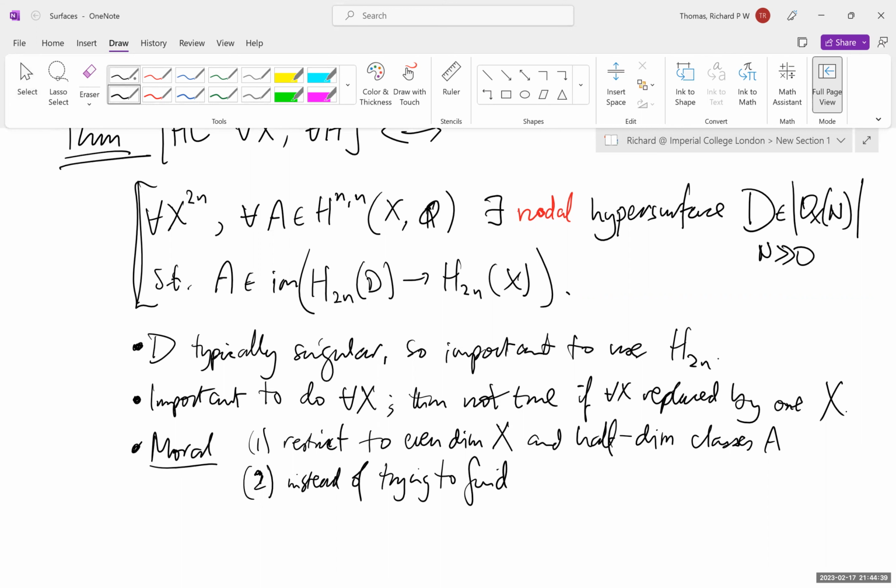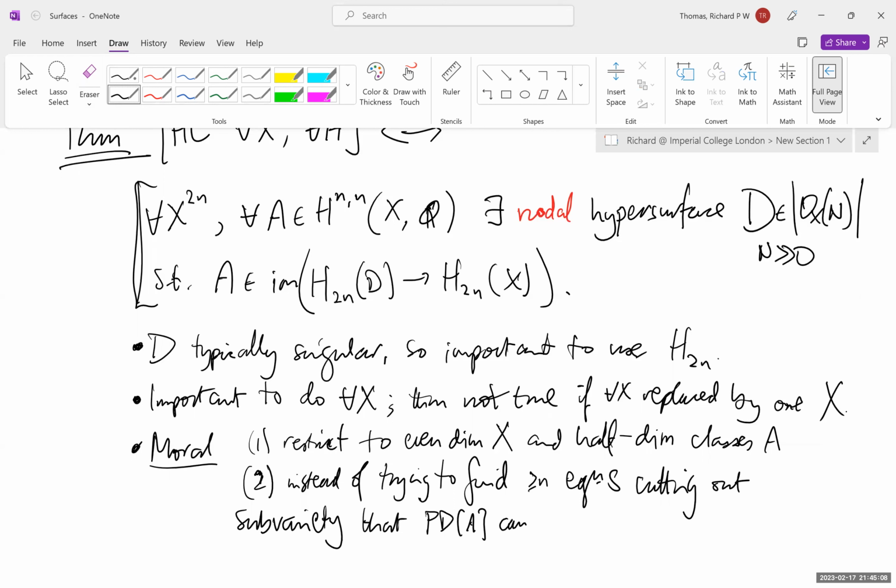So instead of trying to find at least n holomorphic or algebraic equations cutting out a subvariety that the class A, or its Poincaré dual, maybe I'll use its Poincaré dual, let me think of it as a homology class, can be sort of squeezed into.